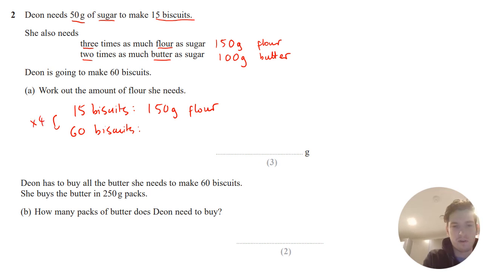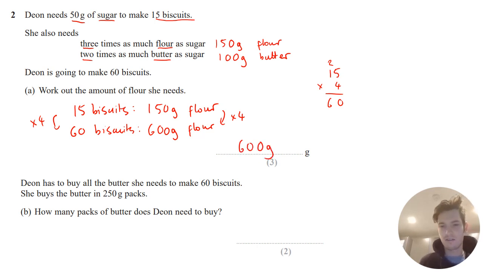I just times by 4. So times that by 4, and we could just do a nice simple calculation here. That's going to be 600 grams of flour. So I'm going to write that on the answer line, 600 grams.